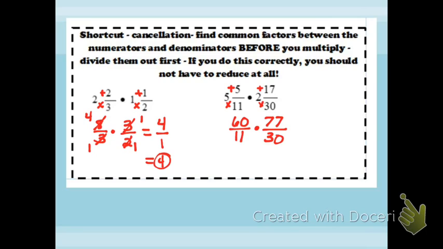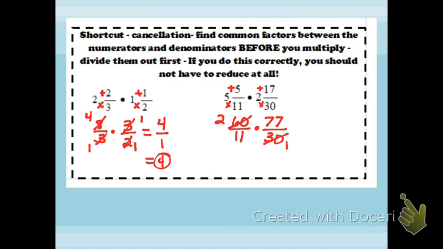Maddie? 60 and 30 can both be divided by 30, right? So 60 divided by 30 is 2. 30 divided by 30 is 1. Good. You see more?